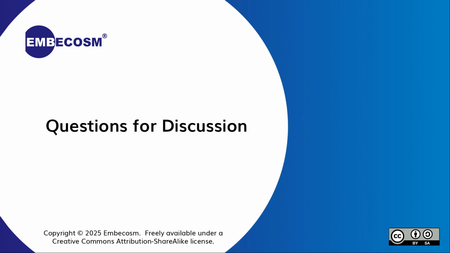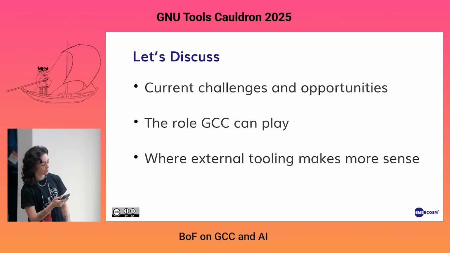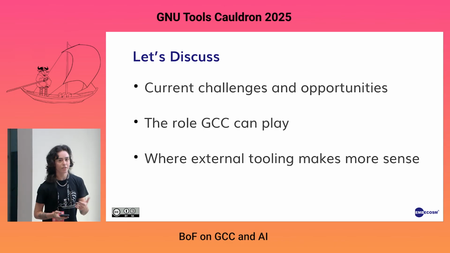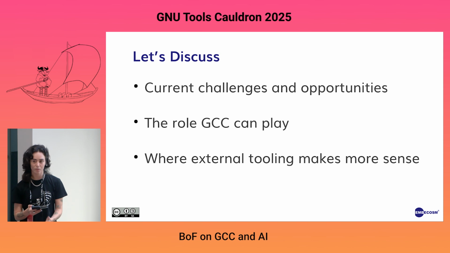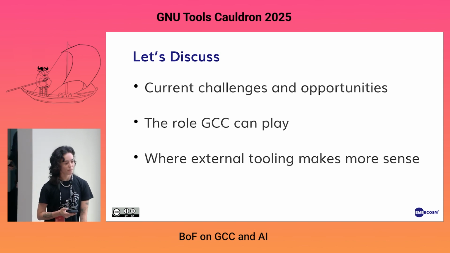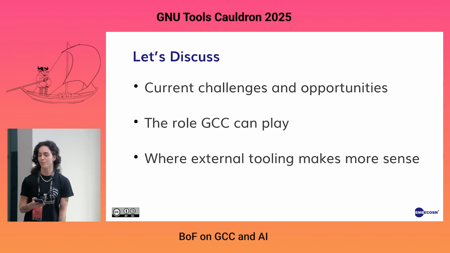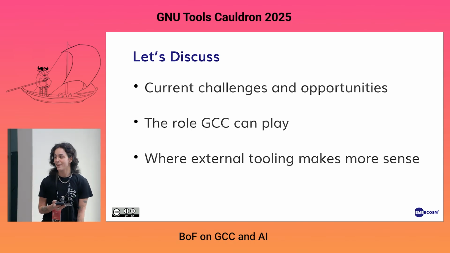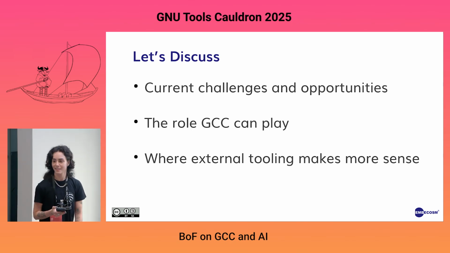So the first question is, GCC already has powerful auto-vectorization and parallelization. How do we extend that to AI-specific kernels like convolutions, matrix multipliers, and attention mechanisms? I don't know if anyone has any thoughts. Yeah?